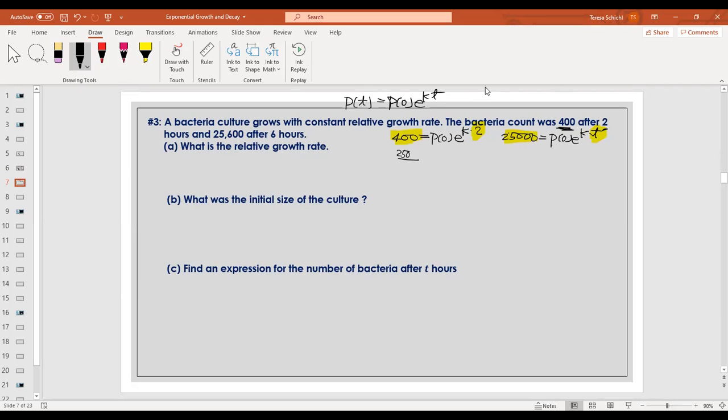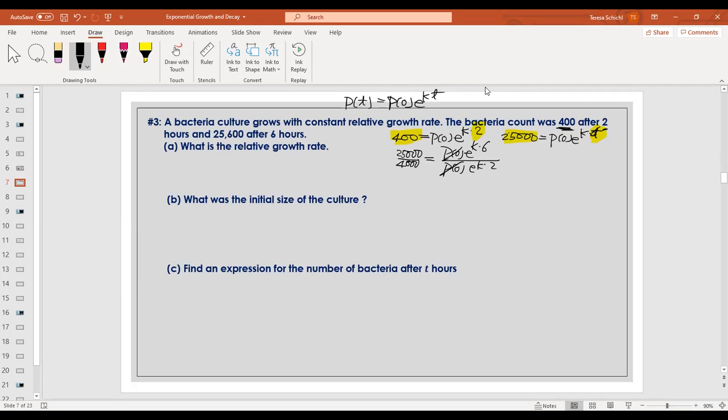So that will put 25,600 divided by 400, right? So this will be P0 e^(6k), and this is P0 e^(2k).